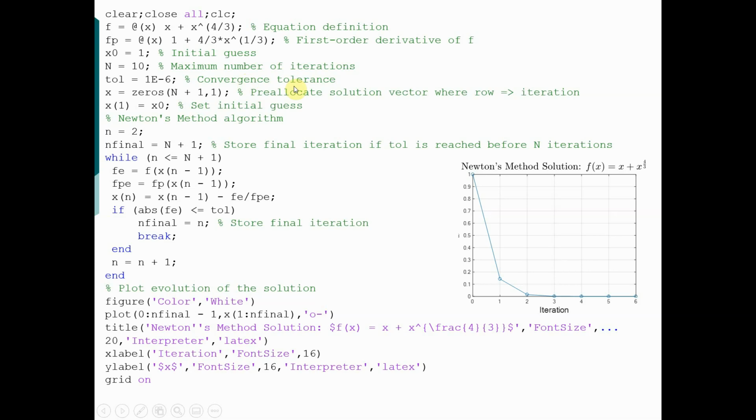And it shows that after only 6 iterations, we find the root of the function. The initial guess that we had was 1. The value of this function at 1 is given here, and you see how it goes to 0 so fast.